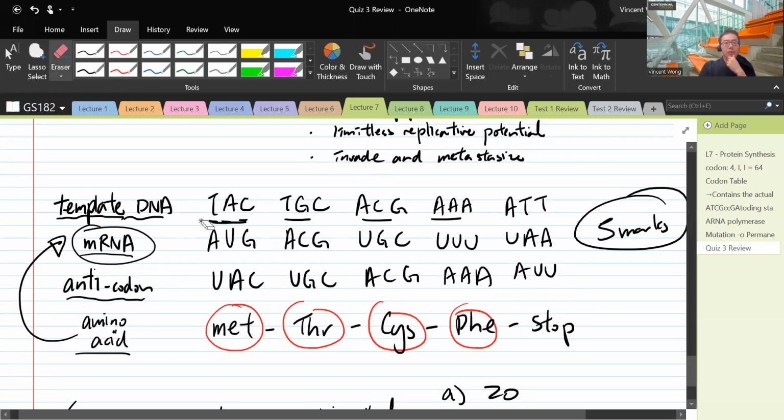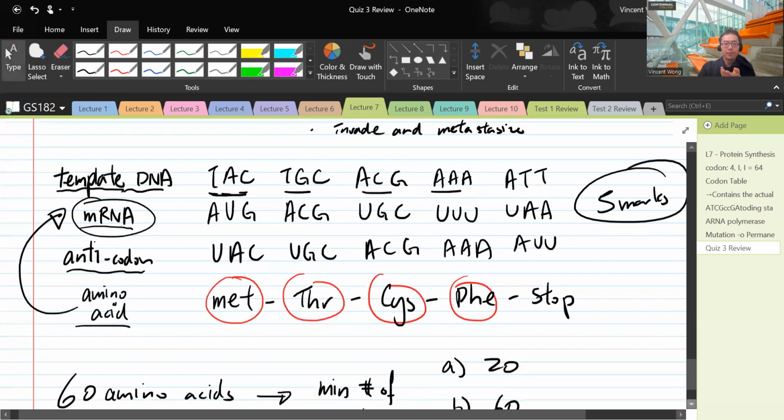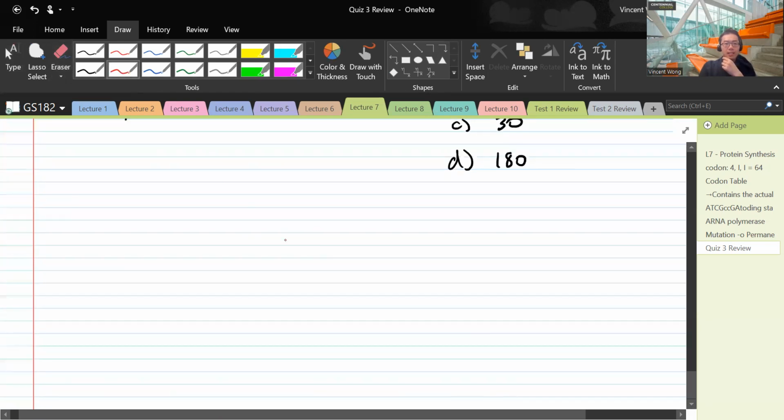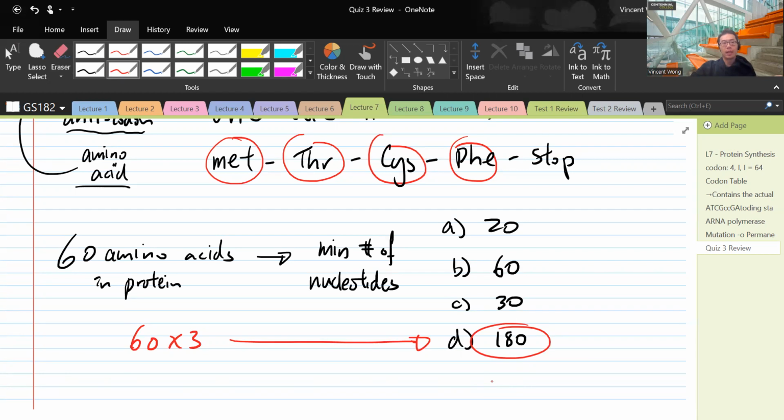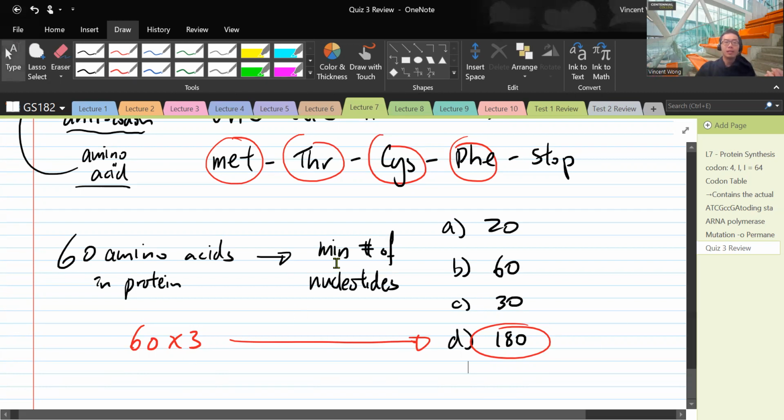Each amino acid requires 3 nucleotides to code for it. So if we need 60 amino acids, then we need 60 times 3. So we need at least 180 nucleotides. Assuming that there are no introns and stuff like that. That's why I said minimum, because there might be more, and that's okay, but that's how you get the answer.